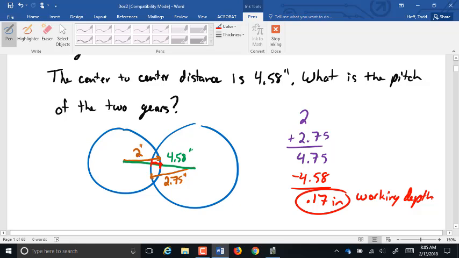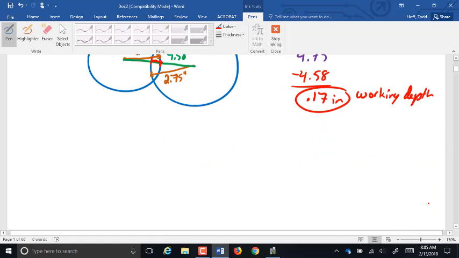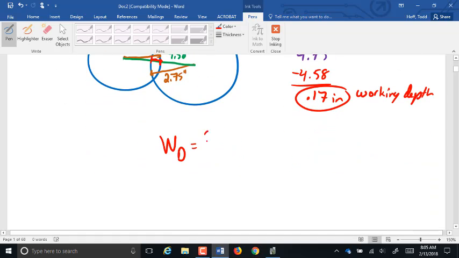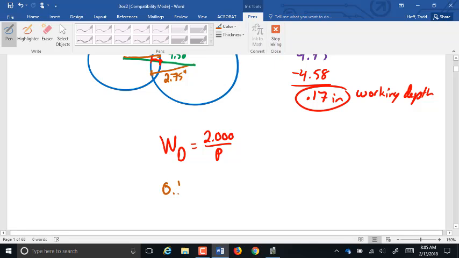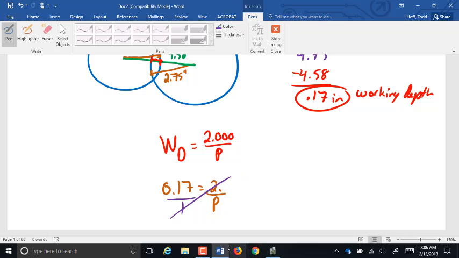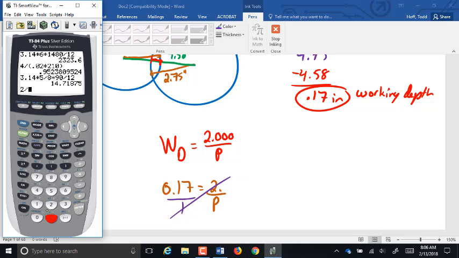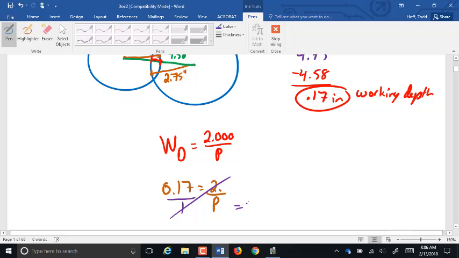From the working depth, can we find the pitch? What's the formula for working depth and pitch? Working depth equals 2.00 over P. So we know the working depth is 0.17. So it's just 2 over P. I'm going to get a proportion. 1 times 2 is 2 divided by 0.17. So I'm getting a pitch of 11.765.